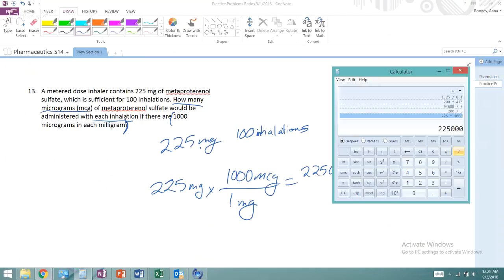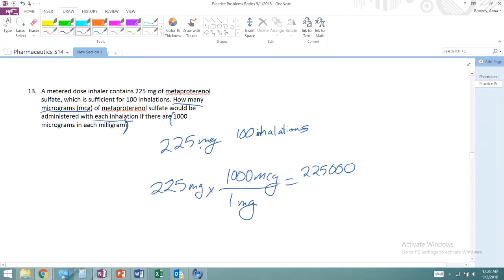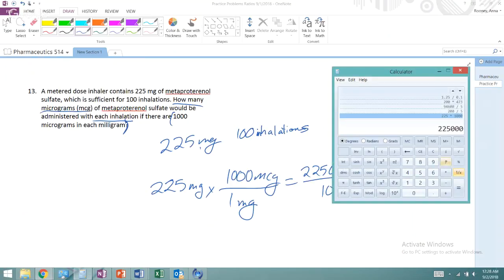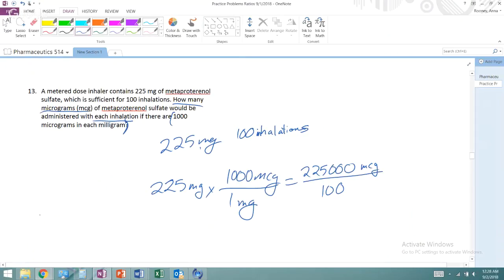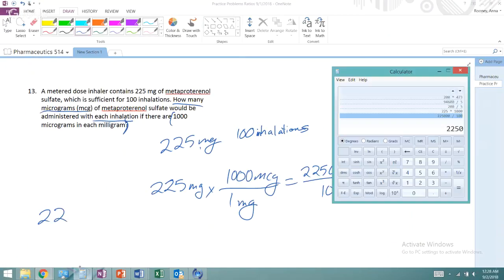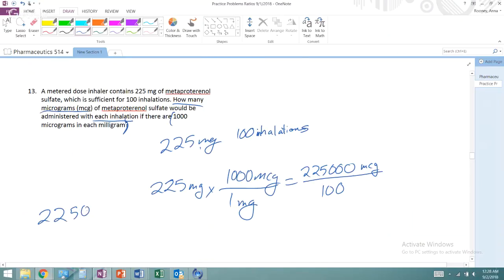Yes. Okay, so I did that right. I don't want to mislead people. All right, so then that's our micrograms for the whole thing. And then there's 100 inhalations, so we're going to divide by 100. So there is 2,250 micrograms for every one puff or inhalation.